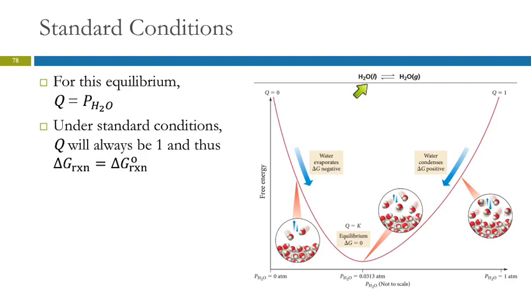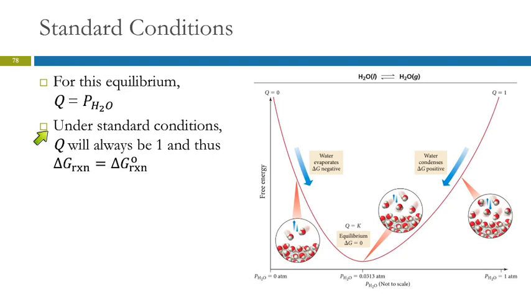And if we were going to calculate Kp for that, it would be the partial pressure of the product over the partial pressure of the reactant. Or you could do it with concentrations. But this is a liquid, and so its concentration or pressure doesn't change. And so Qp is equal to the pressure of the water, okay?